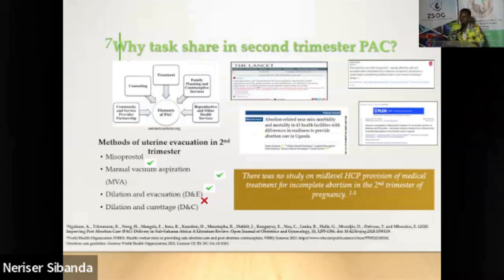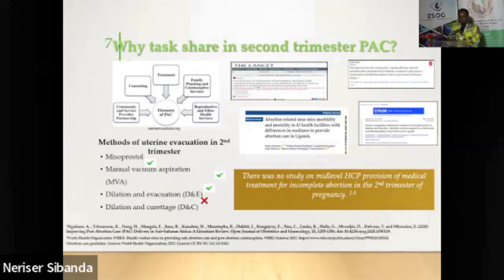So why second trimester? Because we know that a lot of mortality from abortion complications occurs in the second trimester period. A paper we published in the BMJ about a year or so ago showed that there were more abortion-related deaths in the second trimester compared to the first, and this also relates to the previous research that has been done in the area of abortion care.